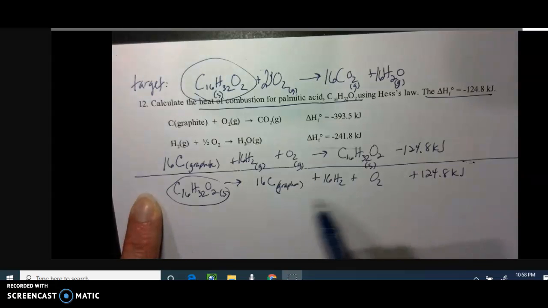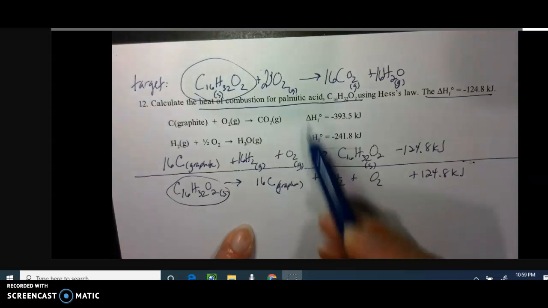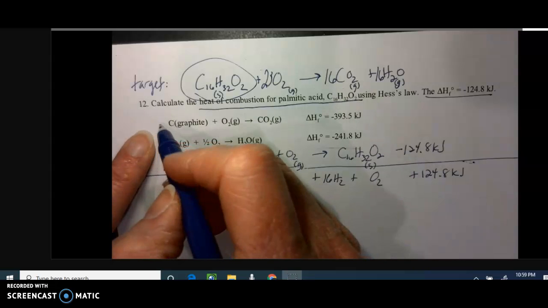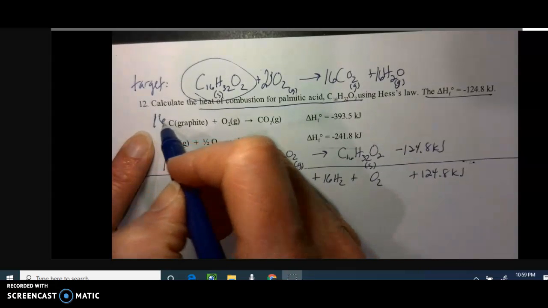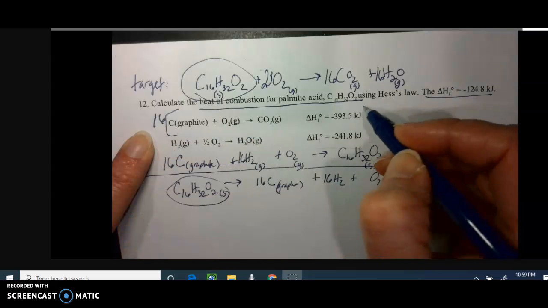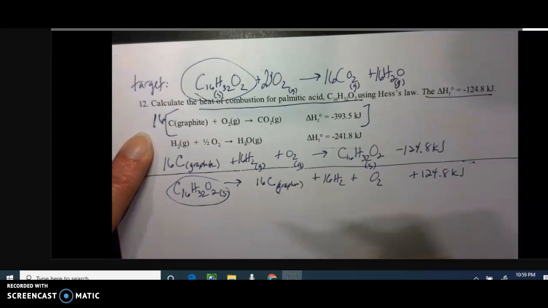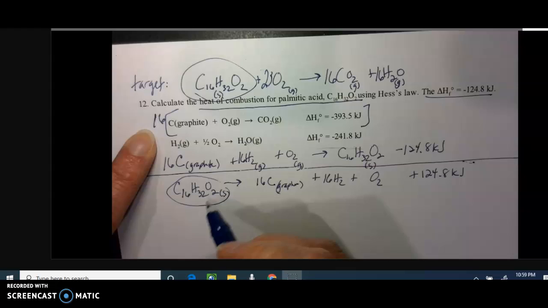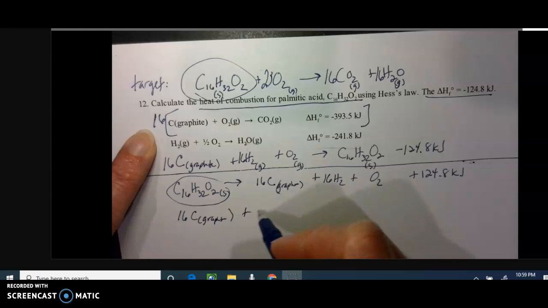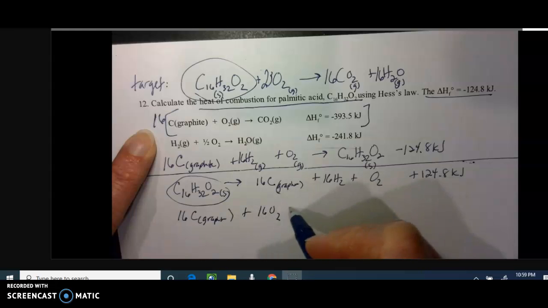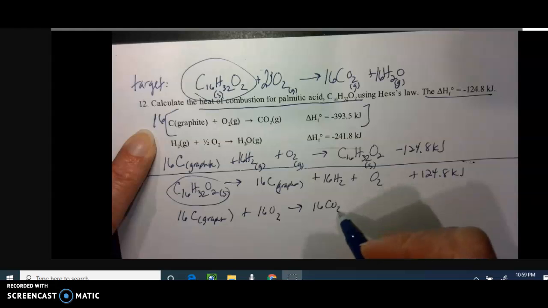Now I have to cancel the rest of the stuff that I don't need, so there's no graphite in this equation. I'm going to come back up to my graphite equation, and I'm going to multiply this entire thing by 16. I need graphite as a reactant, so I'm not going to flip that. So 16 graphites plus 16 O2s yields 16 CO2s.